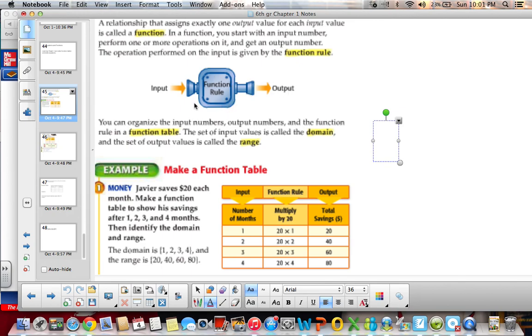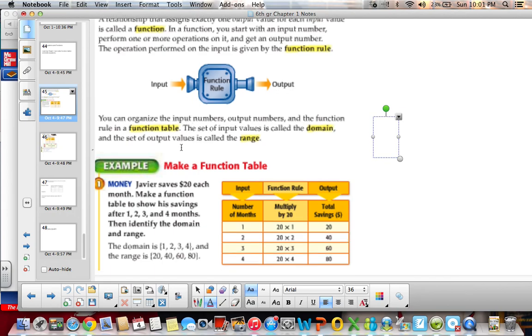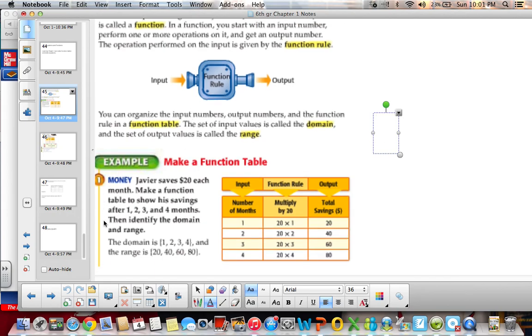Every different function is going to have a different function rule. You put a value in and it does the operation, whatever the rule is, and then you get an output out of it. So let's look at this example down here, and then we'll go back and talk more about our vocab words.